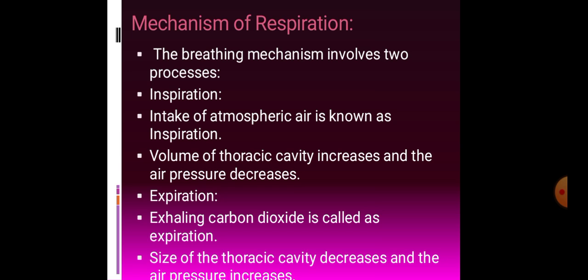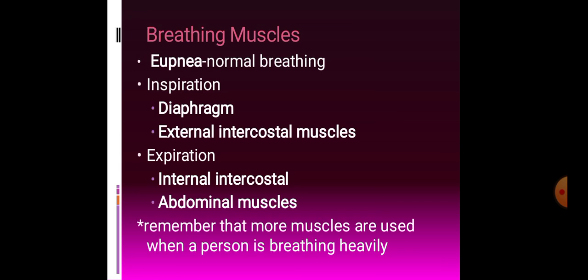During inspiration, the size of the thoracic cavity increases and the air pressure decreases. But in expiration, the size of the thoracic cavity decreases and the air pressure increases. These are the basic mechanisms of respiration. Next, the muscles involved in respiration.